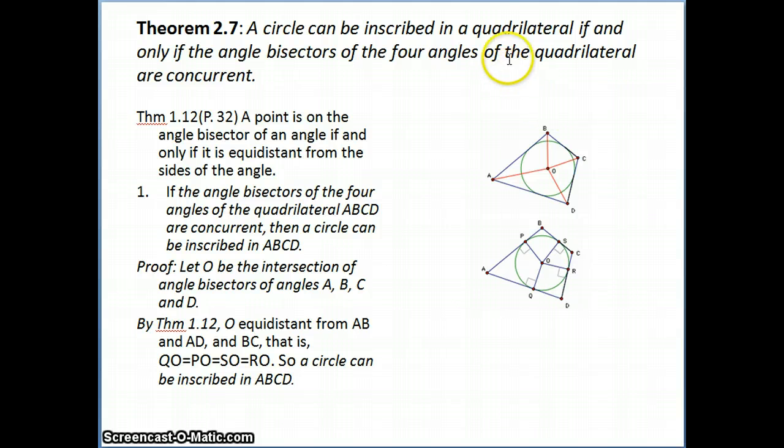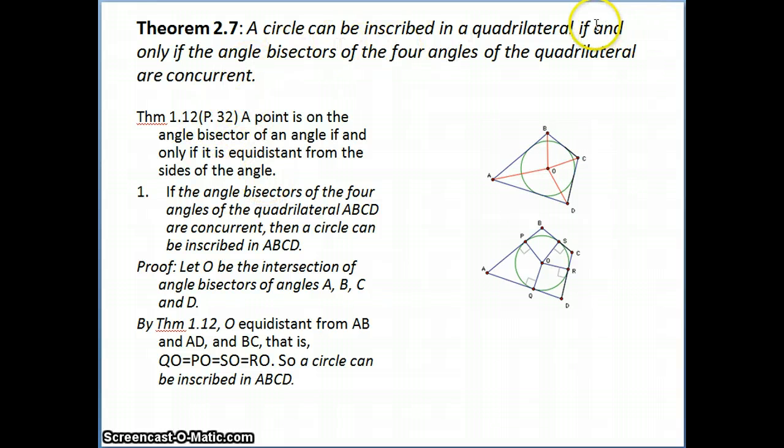We can try a quadrilateral, for example a rectangle, and draw angle bisectors, and they may not be concurrent. But if we want to inscribe a circle inside the quadrilateral, we must have this condition: the angle bisectors of the four angles are concurrent.